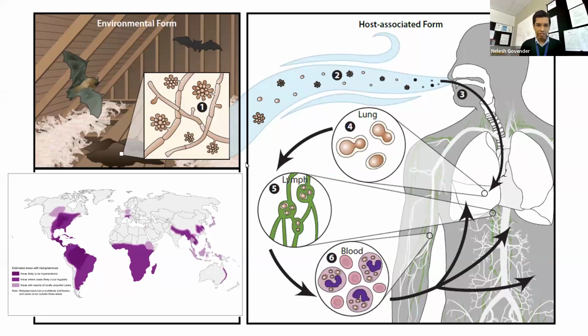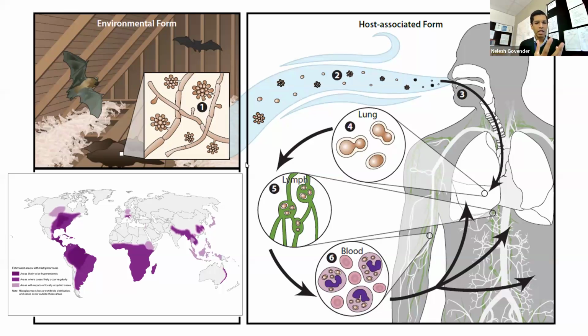I also didn't want to forget about histoplasma. Histoplasma capsulatum, though it's called histoplasma capsulatum, contains multiple cryptic species, and is also found in the soil. I told you about the pathogenesis because it's exactly the same, we think, for emergomycosis.